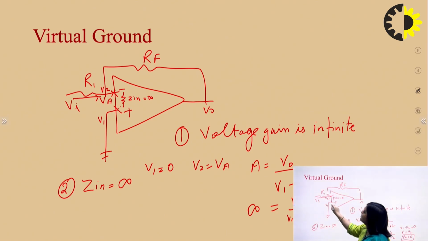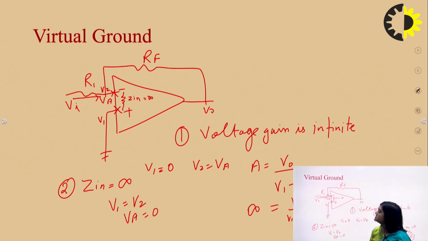There is no current flowing in this part. So the voltage drop across this ZIN remains 0. That's why the voltage at this terminal and this terminal becomes equal. That's why we can say that V1 is equal to V2 and VA is equal to 0. So this is how VA is the virtual ground.